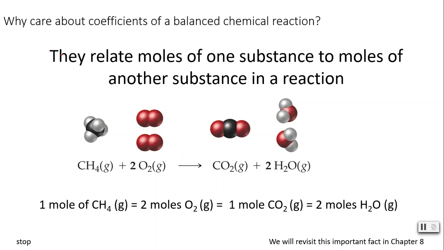We care about them because we are going to find out later in Chapter 8 that those coefficients relate our favorite unit, the mole. They relate moles of one substance to moles of another substance. So we can essentially use these balanced chemical equations as like recipes to relate moles of reactant to moles of product. But we will revisit that more in Chapter 8.